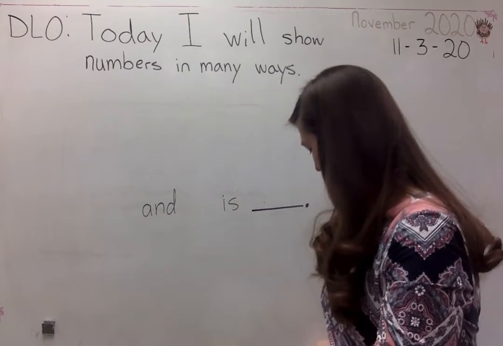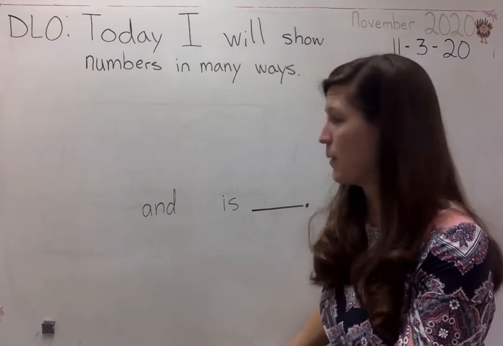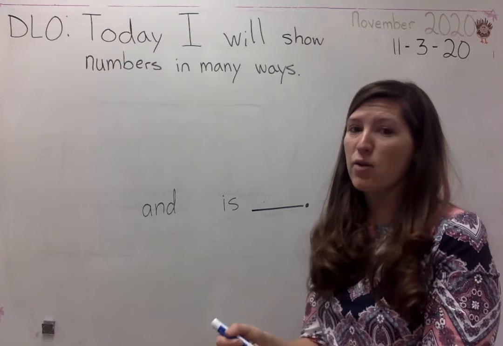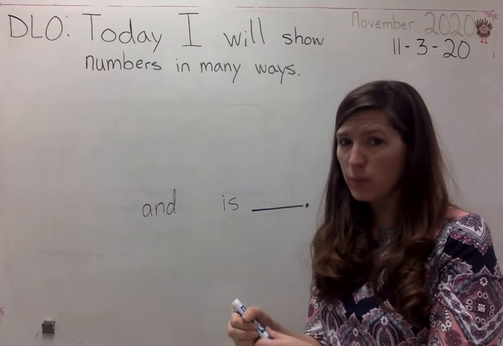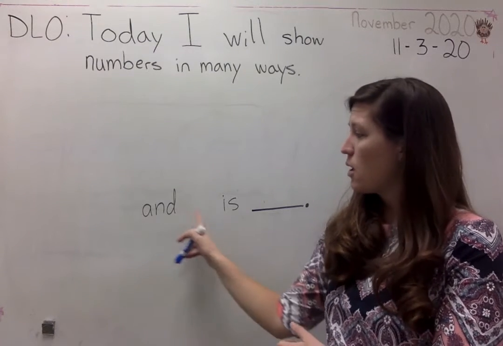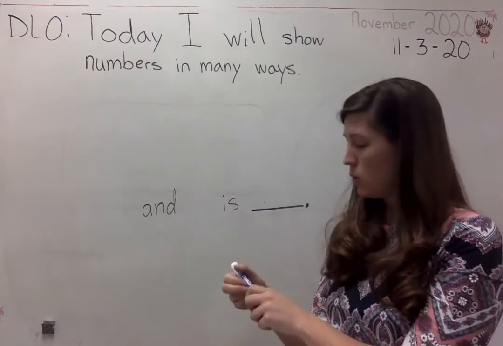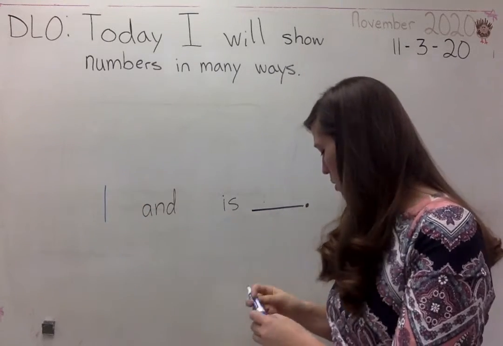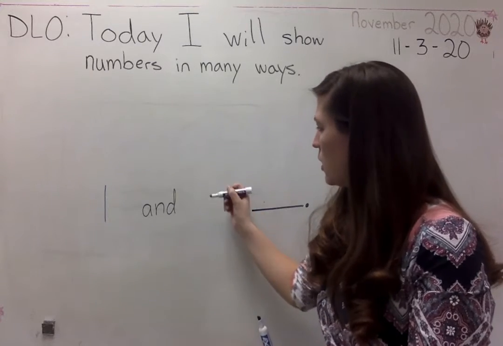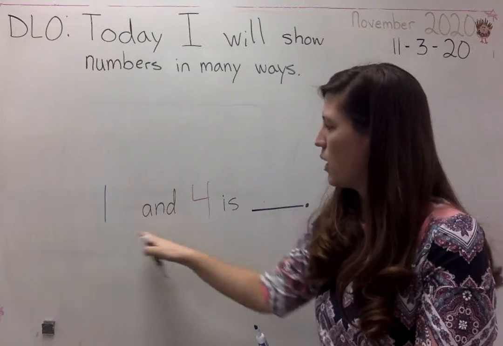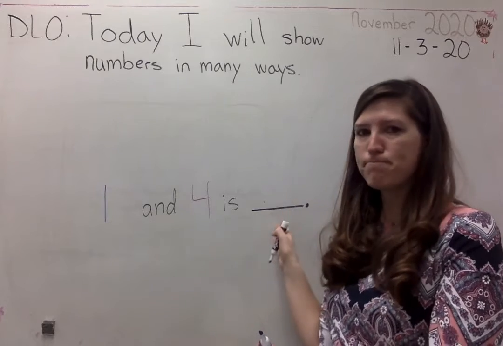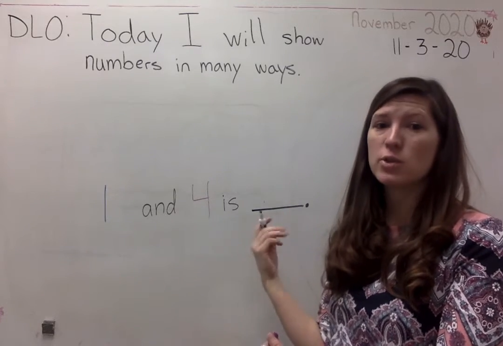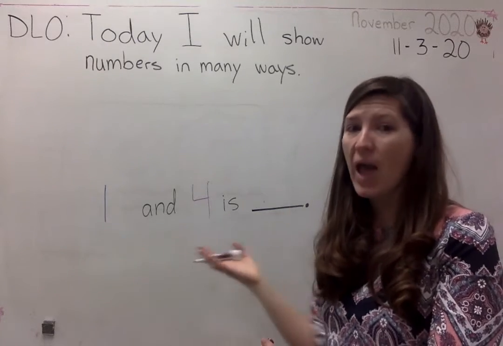I'll use blue as my first color and purple as my second. My next one, I have 1 blue and 4 purple. So I'll say 1 blue and 4 purple. 1 and 4 is, let's draw a picture. Drawing a picture is a strategy you can use when you add numbers together.